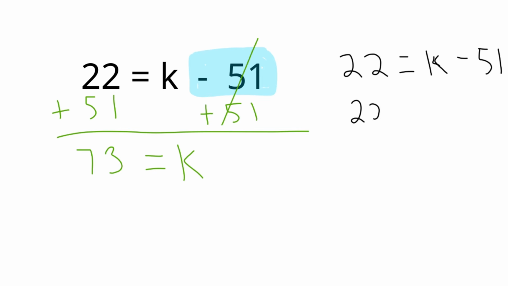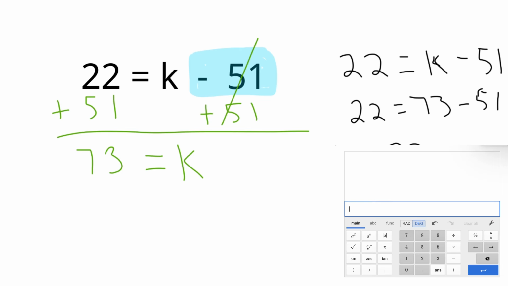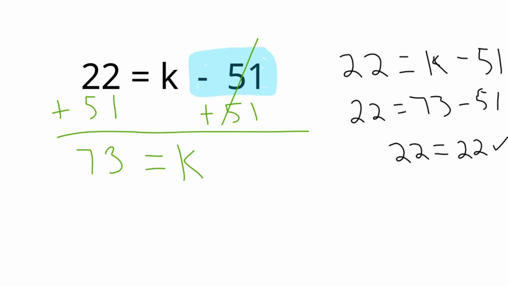So you're going to write 22 equals 73 minus 51. Step 3 is to confirm that 73 minus 51 is in fact equal to 22. You can confirm that in your calculator and you will get 22, so your answer checks out.